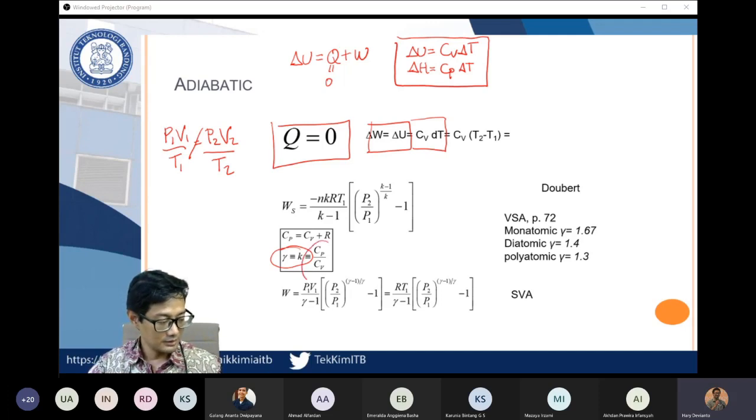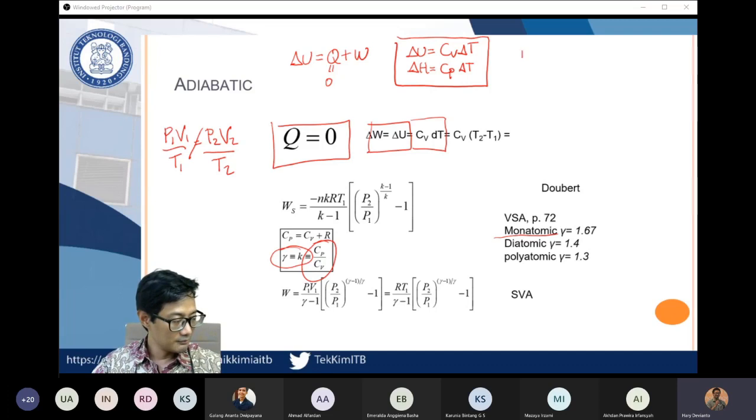Because we know this relation, we can prove this one. In the monoatomic case, gamma is equal to 1.67. Where does it come from? Can you guess? Just use this Cp over Cv.